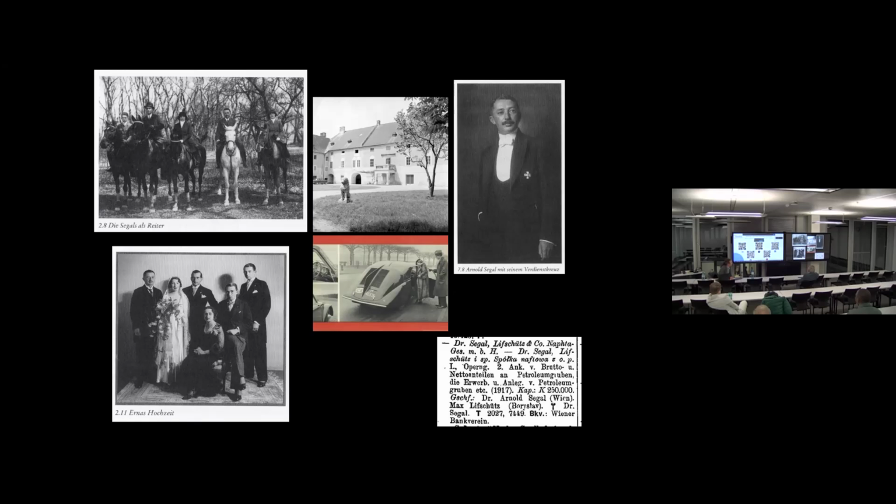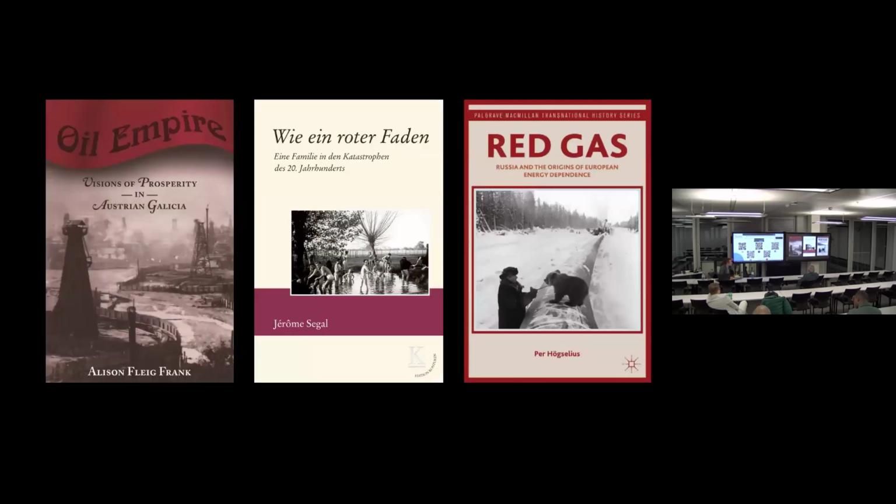Luckily, most of the family survived in France, and he then writes this bottom-up family story about Galician oil in this book here in the middle, Wie ein roter Faden. It's the story of his family. I also recommend Oil Empire by Alison Frank.